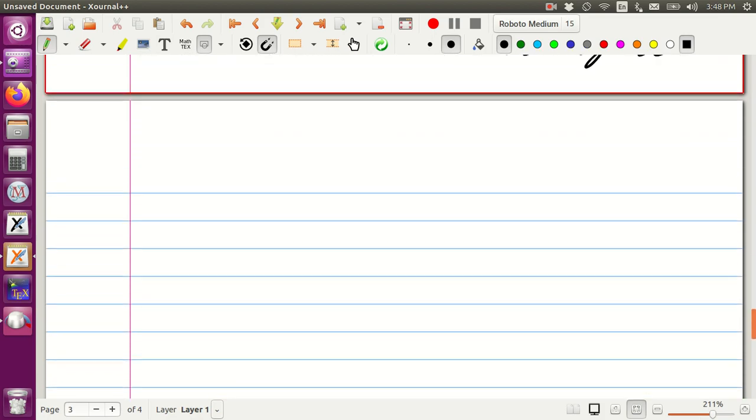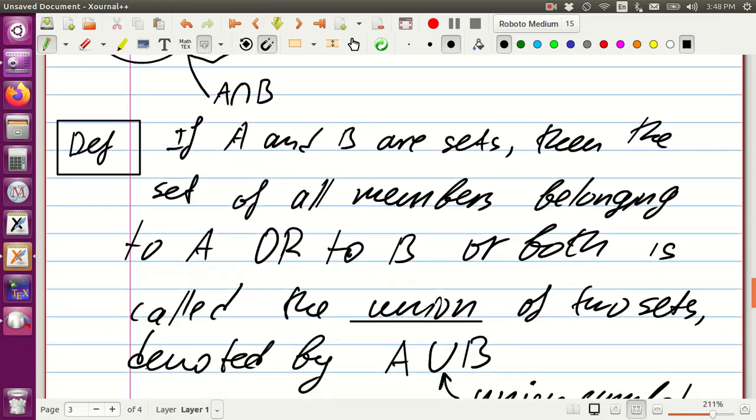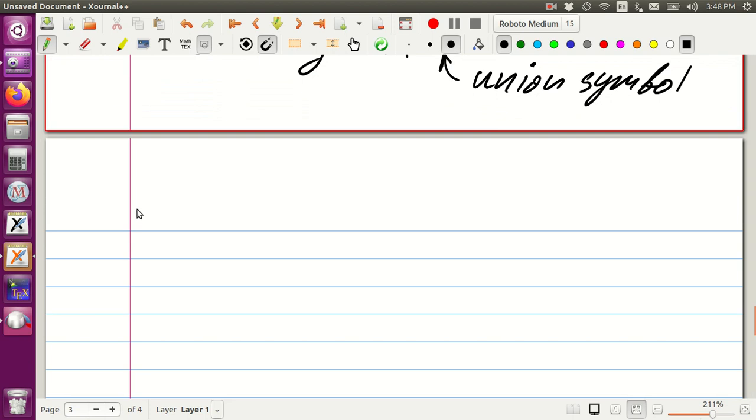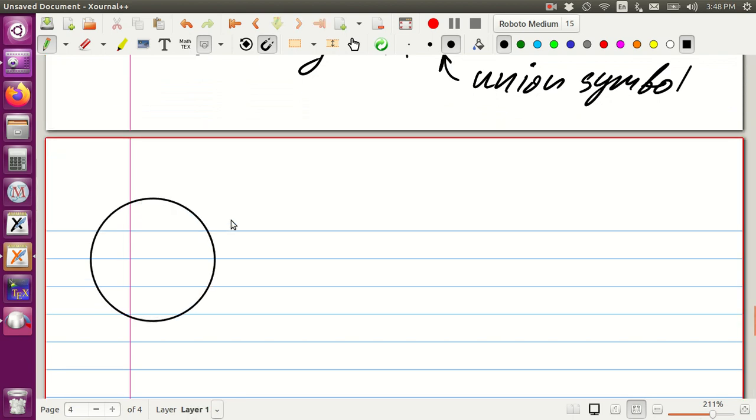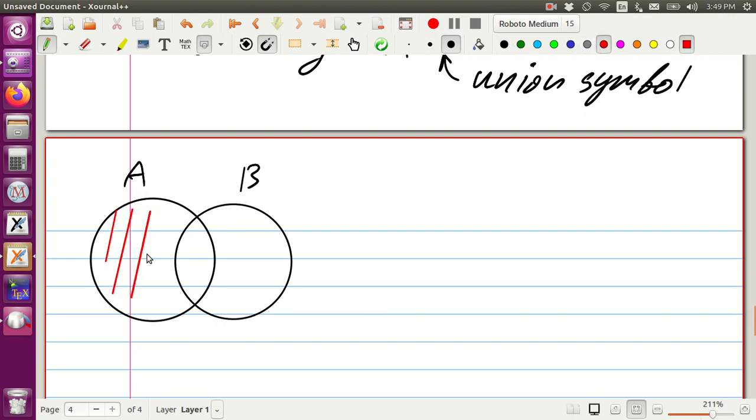Now the visual representation would be, if we have a set A and we have a set B, then A union B would be all items that are in A and all items that are in B, including items that are in both A and B at the same time here in the middle.